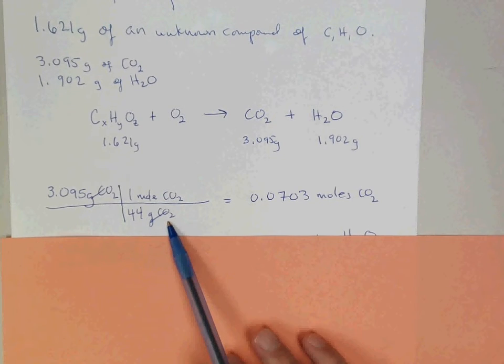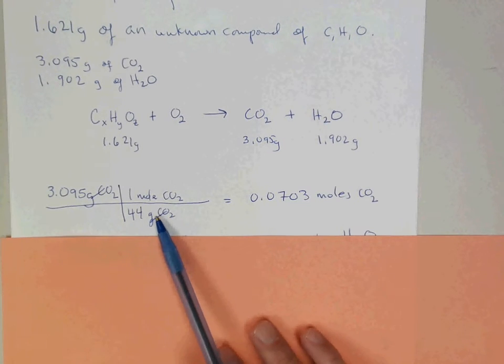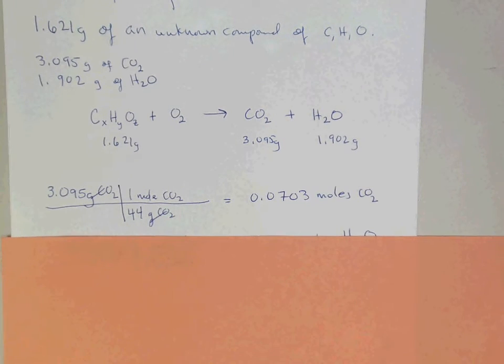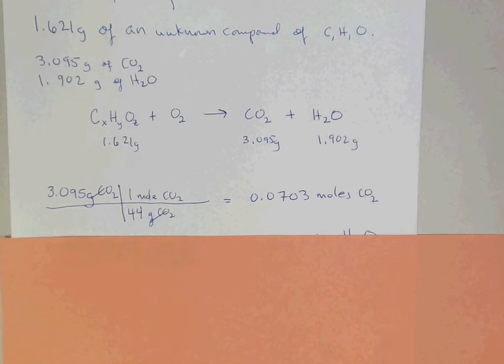And since there's 2 oxygens, I did 2 times 16, which is 32, plus an additional 12, and that gave me 44 grams per mole. If I take this number 3.095 and divide it by 44, I get 0.0703 moles of carbon dioxide.